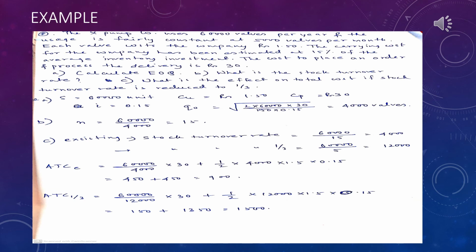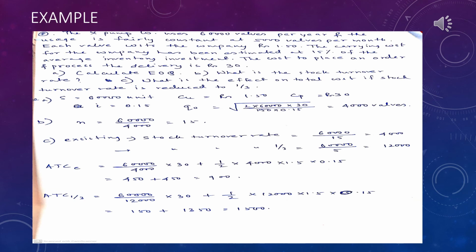Now if I reduce the stock turnover rate to 1/3, then I am ordering 5 times instead of 15, so per batch I am ordering 12,000 units. To maintain the yearly consumption, I am ordering 12,000 units and 5 orders a year.